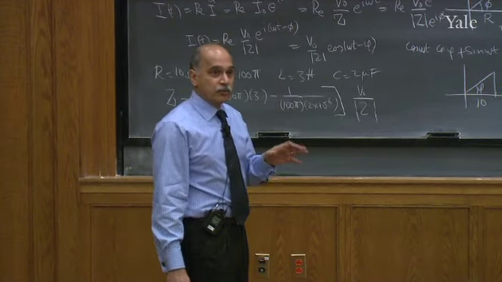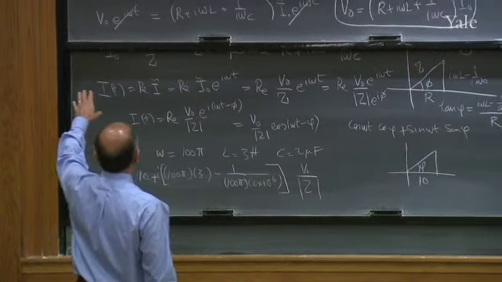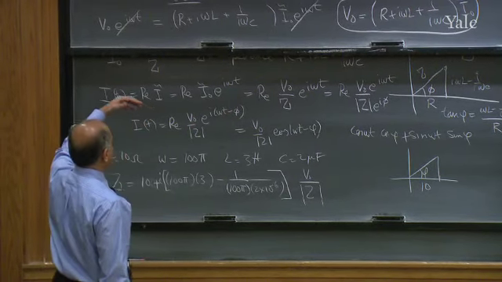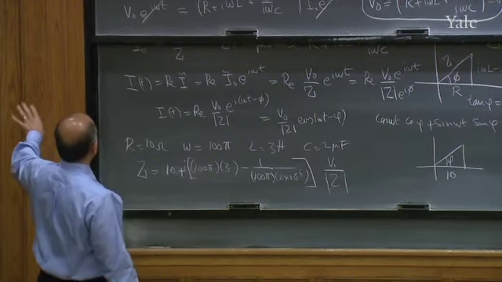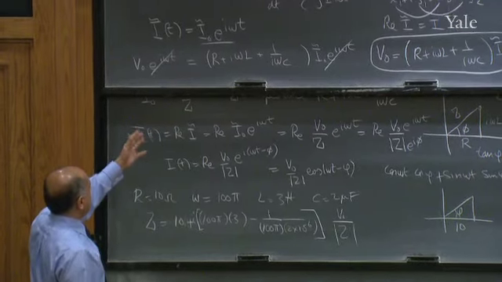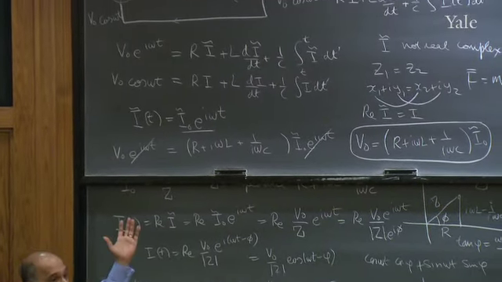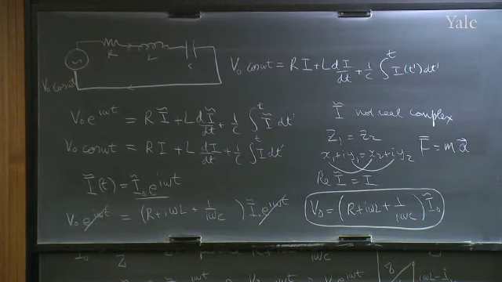If you don't see that, you should do that. Take that equation for any V of t, get an answer due to V1, call it I1, another due to V2, call it I2, and add them up. Left-hand side is clearly V1 plus V2. On the right-hand side, R times I1 plus R times I2 is R times (I1 plus I2), and so on. So I1 plus I2 will satisfy the equation when the driving voltage is the sum of the two voltages.